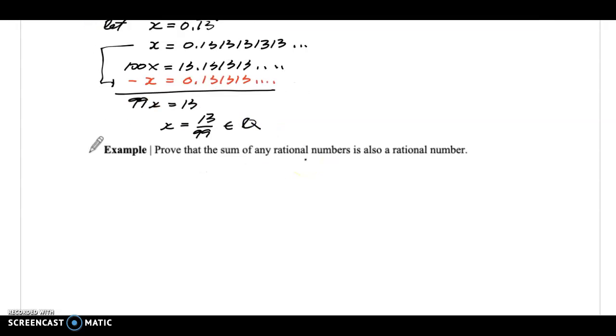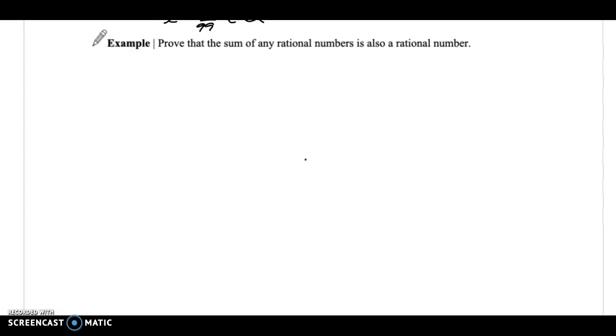So that's pretty straightforward. The next one's a little more complicated because you have to really start to see what proving is about. Again, let x and y be two rational numbers. What does that mean?